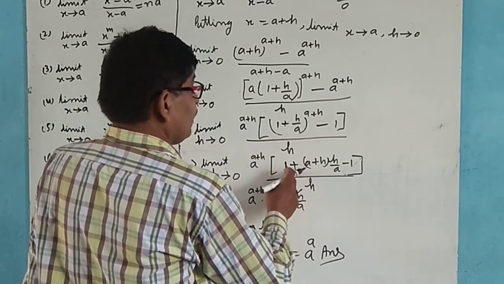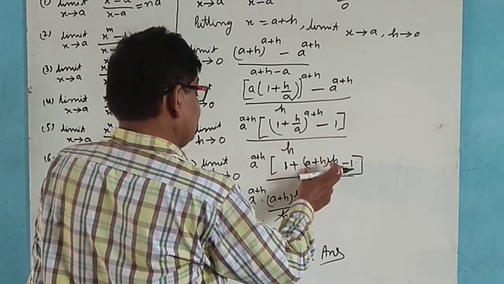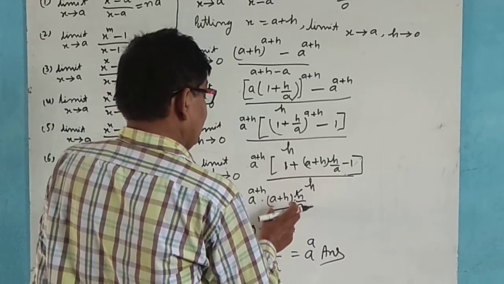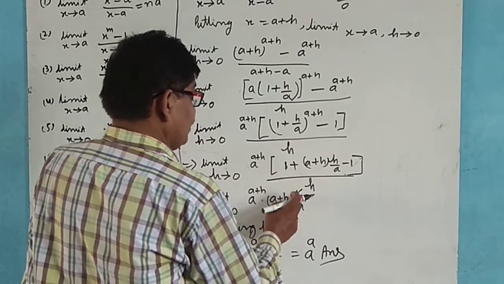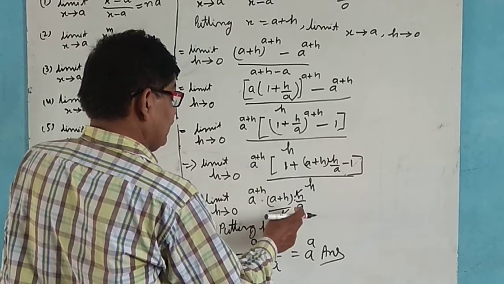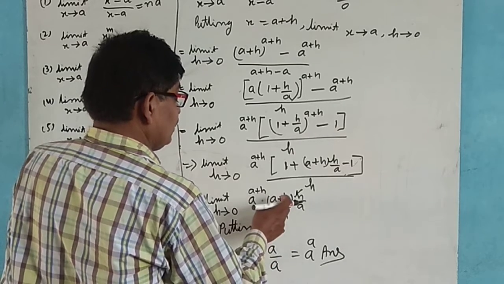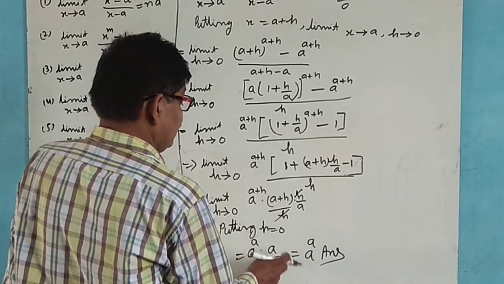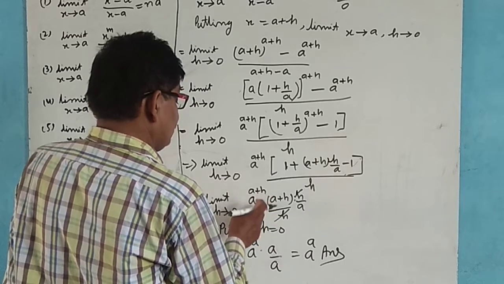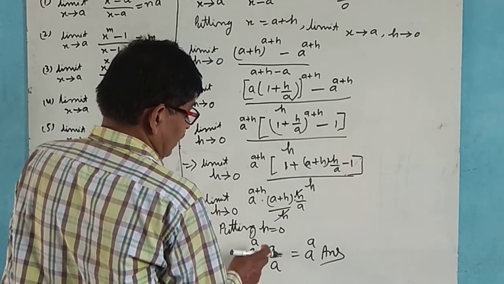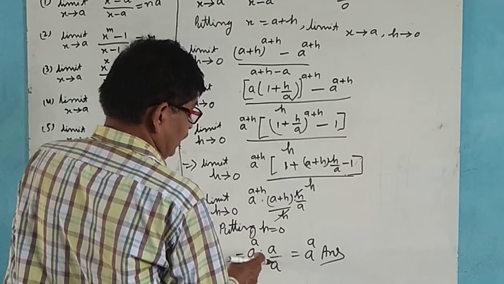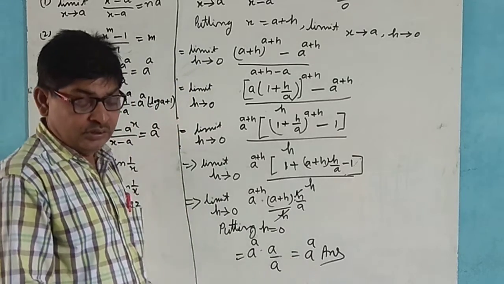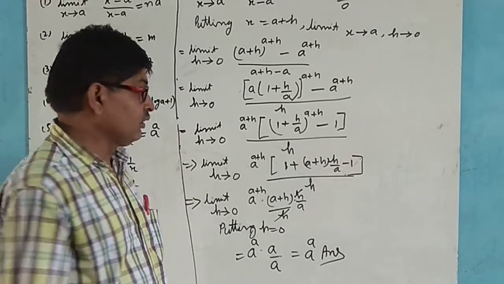Here 1 and 1 remove, so that only this term comes here, and this is h remove, a plus h by a, putting h equal to 0, this is 0, a by a simple, and h equal to 0, a to power a, and this remove 1, a to power a. This is the answer.